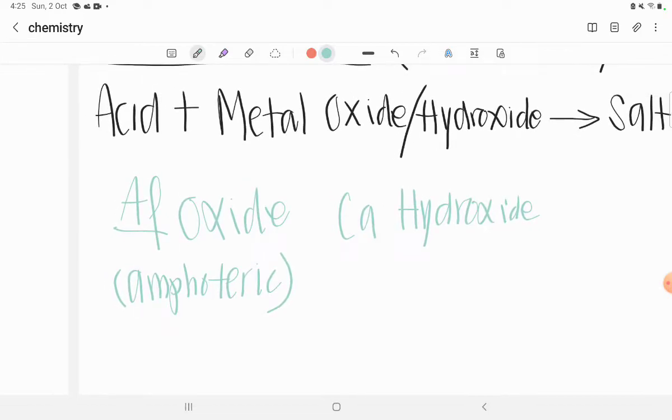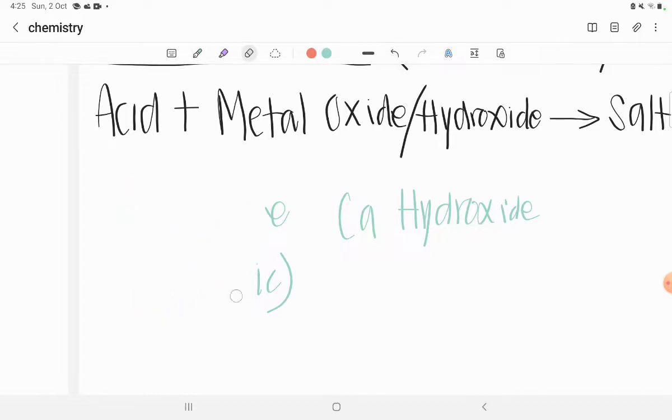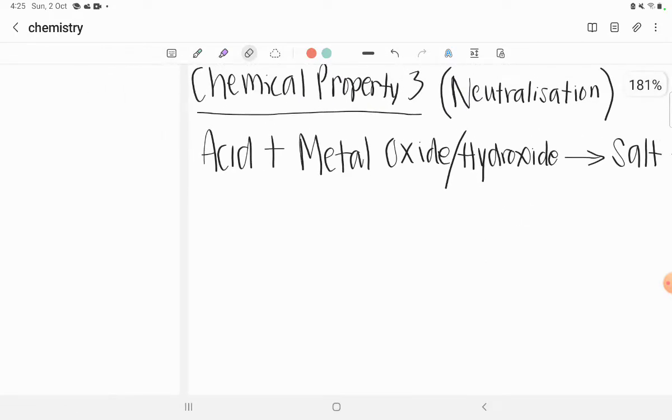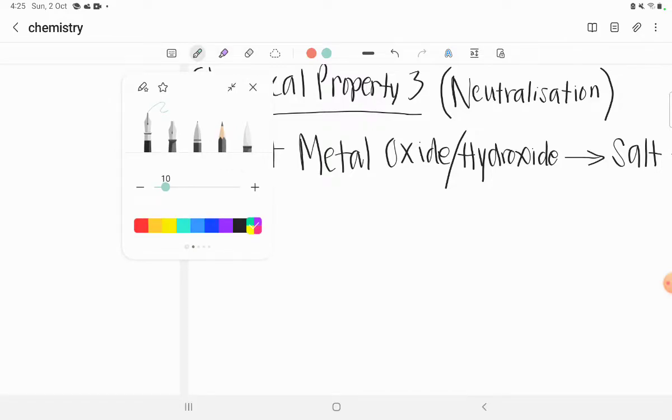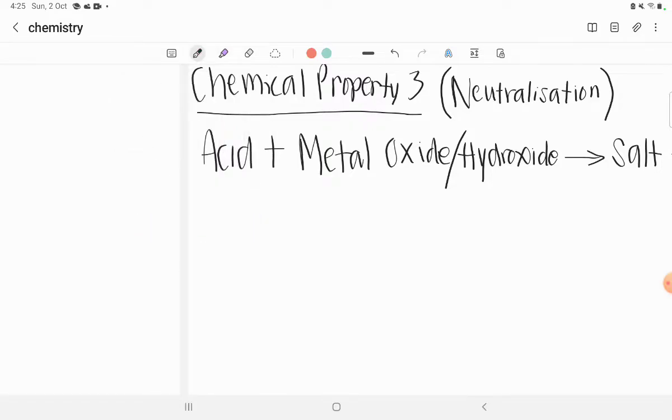Let's use aluminium oxide because we already used calcium just now. What acid shall we go with? Have you done sulfuric acid? Oh, you know what? I'm too lazy to do any work right now, so I'm just going to use the examples in my notebook that we did in class.